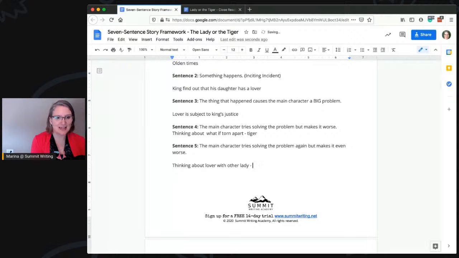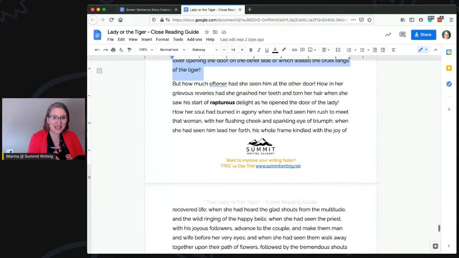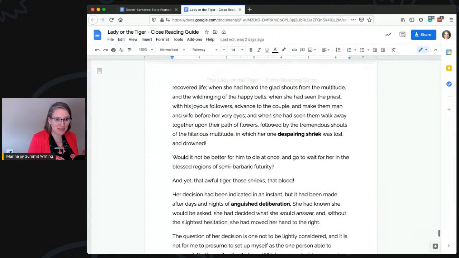That is, in her mind, worse because he won't be with her, will never be with her. And so she's saying, is it better for him to die at once and go wait for her in the blessed regions of semi-barbaric futurity, or be in the arms of this other woman? She's not sure.